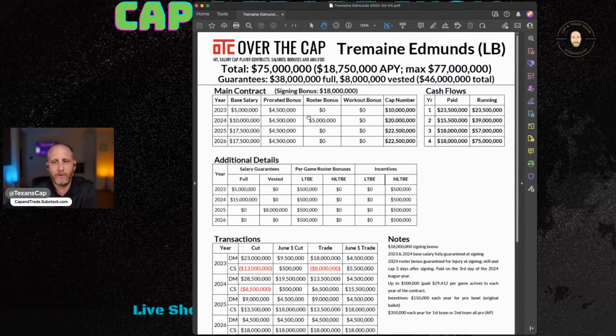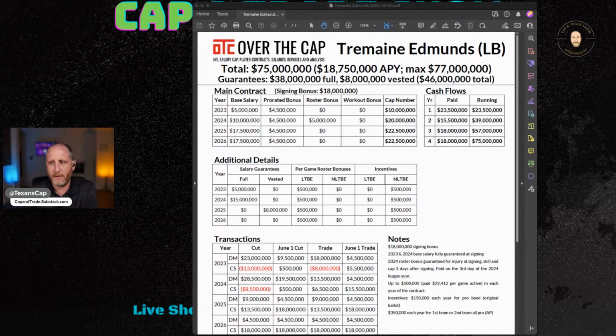You can convert this roster bonus to a signing bonus. So that would change this 5 million, instead of being all amortized towards the cap in 1 year, it would spread out over the last 3 years. It would prorate out. So you could save, that's 1.66 million per year.